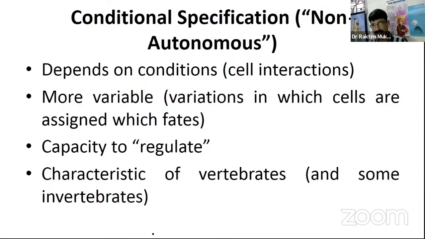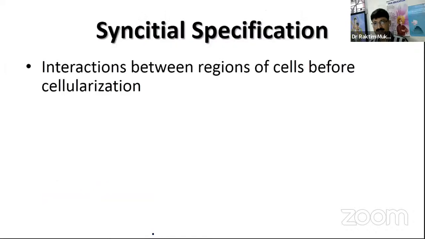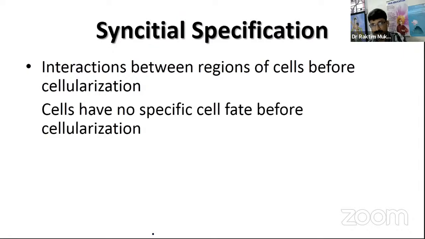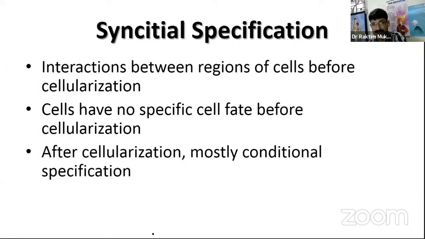The third category is syncytial specification. Syncytial specification involves interactions between regions of cells before cellularization has taken place. The cells have no specific cell fate before cellularization. However, after cellularization, mostly conditional specification takes place. The examples are insects.